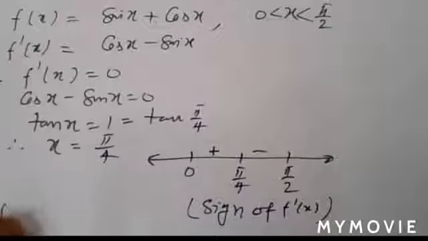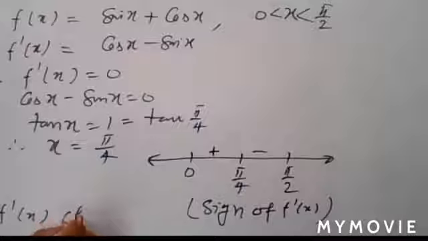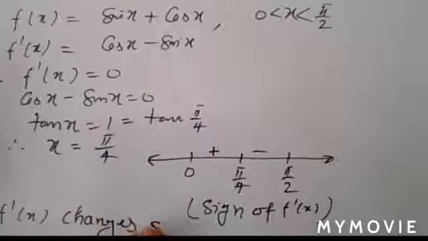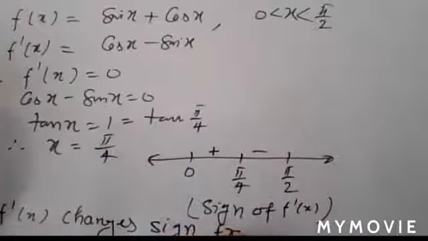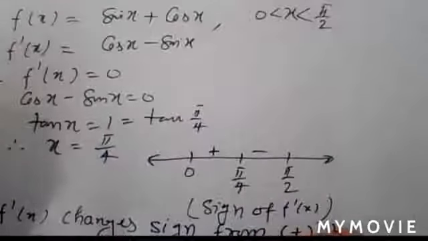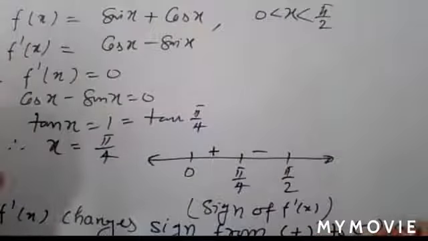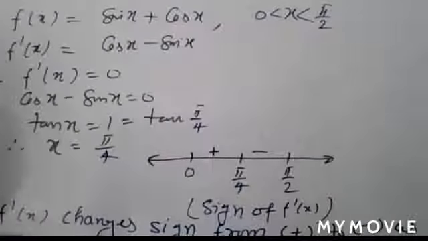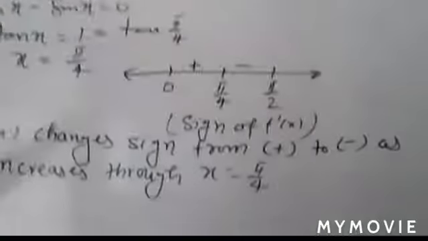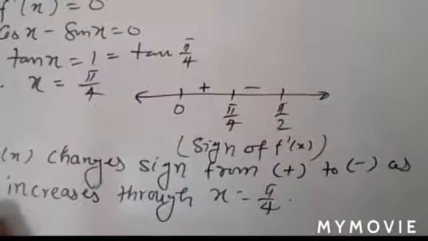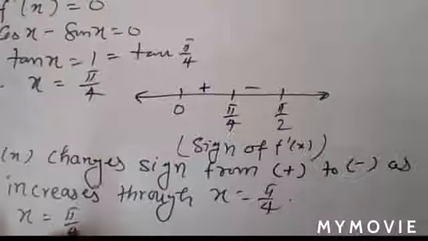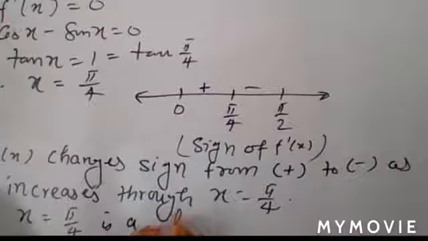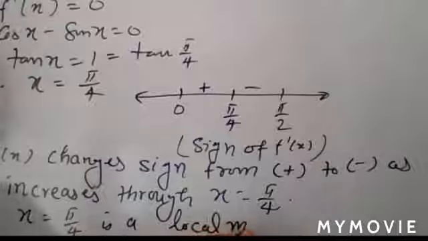Since f dash x changes sign from positive to negative as x increases through x is equal to pi by 4, hence x is equal to pi by 4 is a point of local maxima.